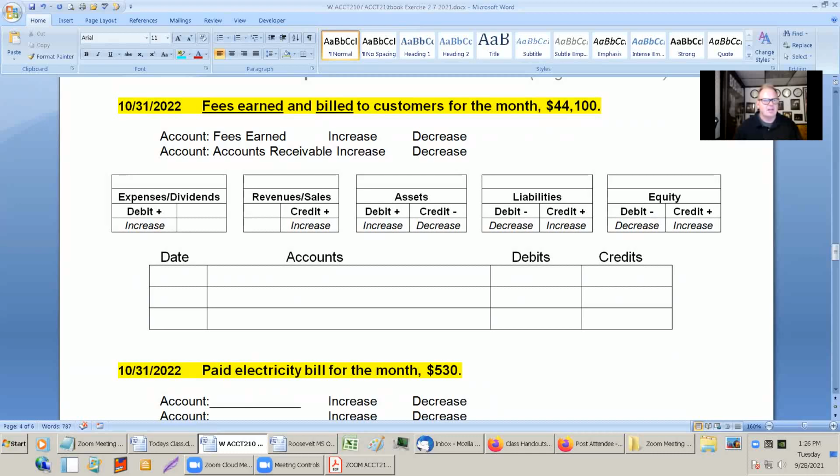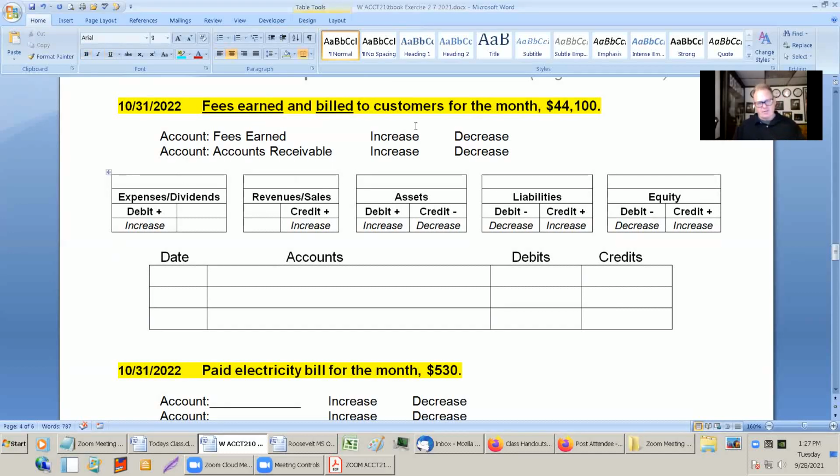And if they don't actually come out and say that they received the cash, don't assume that they did. So they billed the customers. It doesn't say that they received it from the customers. So if they just say billed, don't make that next step and say, okay, they must have paid it. So they billed the customers for 44,100. Okay, so fees earned and billed.